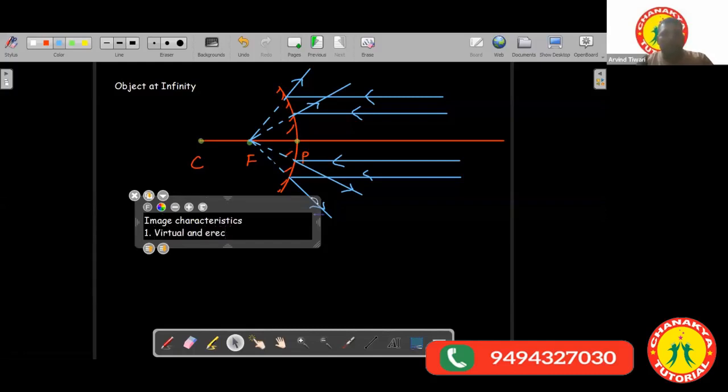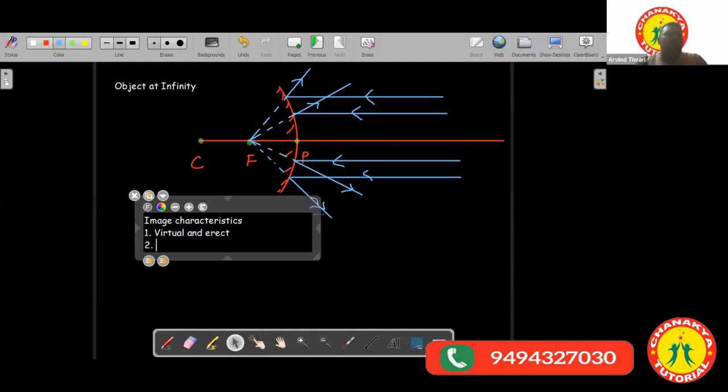So your image is virtual and erect. The light rays are not actually meeting. They appear to meet. All the light rays appear to meet here. We have obtained the image by extending the reflected light. So all the light rays have been extended to meet at a common point, extending virtually.